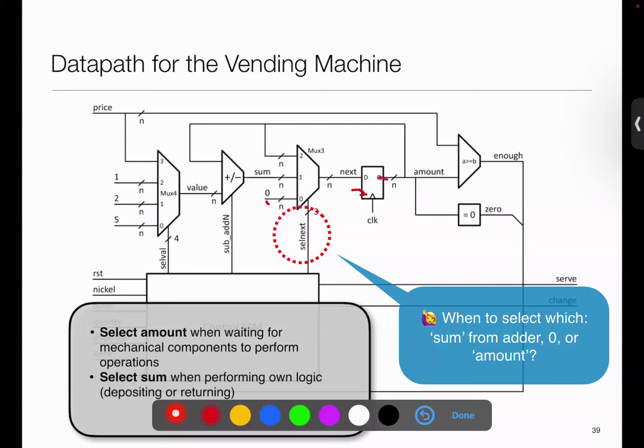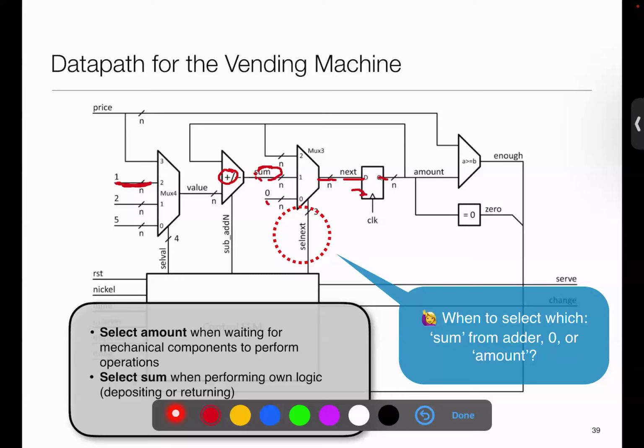So at this point, looking at this, when the user is depositing the coin, let's say the user deposited a nickel. So you are going to select one, you are going to select add, therefore you are going to select this sum, and then go out here.